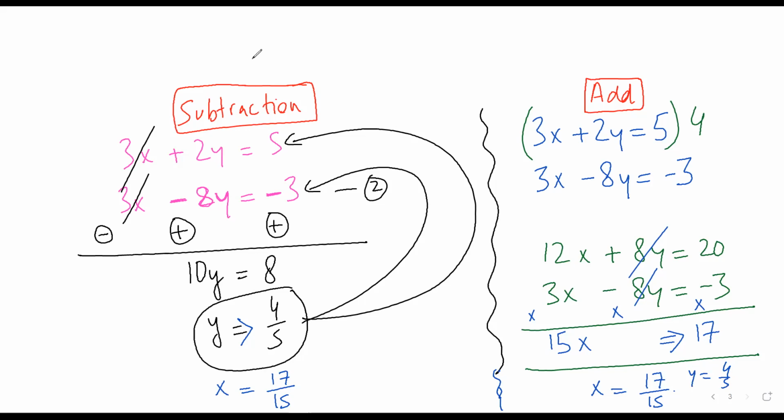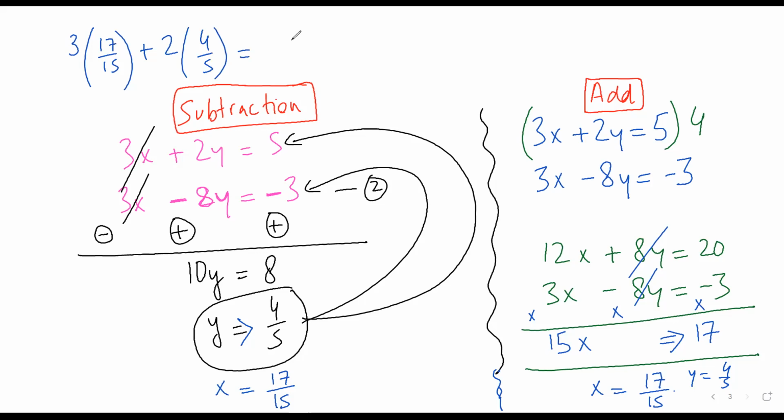As a matter of fact, we can check the answers. अगर हमने कुछ गड़बड़ नहीं की, the answer should be correct. So 3 into x, the value of x is 17 by 15. At least this is what our calculations say. 2 into y, the value of y is 4 by 5.